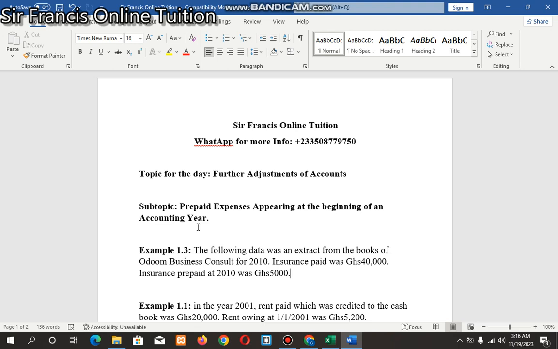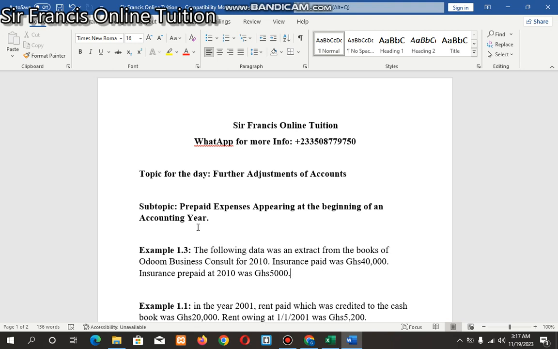So it will be an expense paid in advance for 1st January 2011, because we are in 2010, and the total rent expense for 2010 was 10,000, but we paid 15,000. So the extra 5,000 relates to the coming year, 2011, and it becomes an expense paid in advance appearing at the beginning of the accounting year, and it is part of the coming year's expenses.